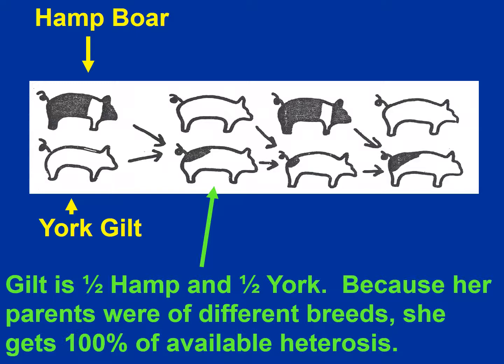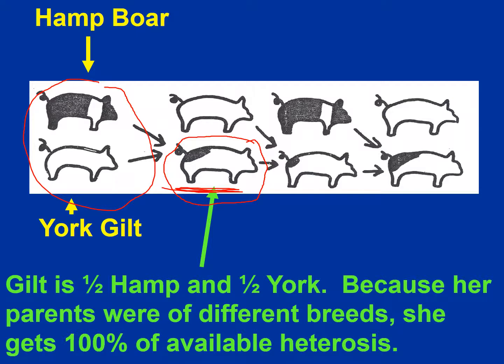So we're going to make this mating, and then we're going to have a bunch of offspring here. Hopefully our litter size is going to average at least 10 pigs, I guess. And a lot of pigs will go to market, but we'll also pick replacement females from this group.